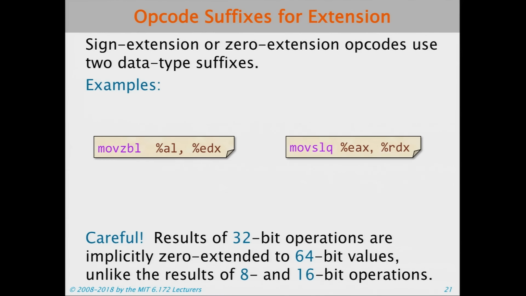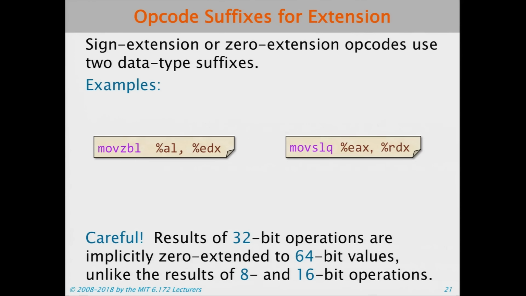So sign extension uses two data type suffixes. Here's an example. The first one says we're going to move, and now you see I can't read this without my cheat sheet. So what is this saying?